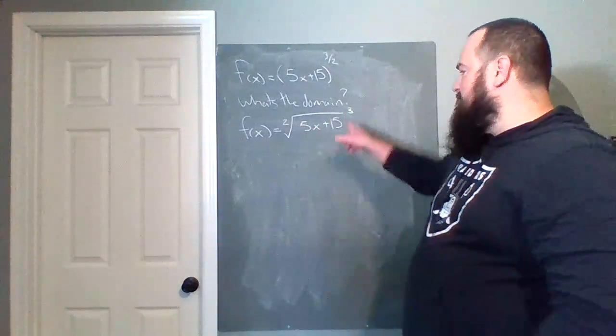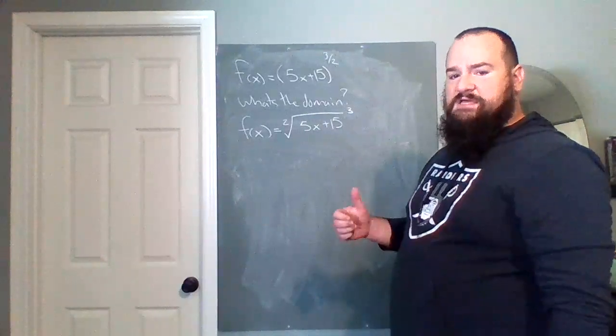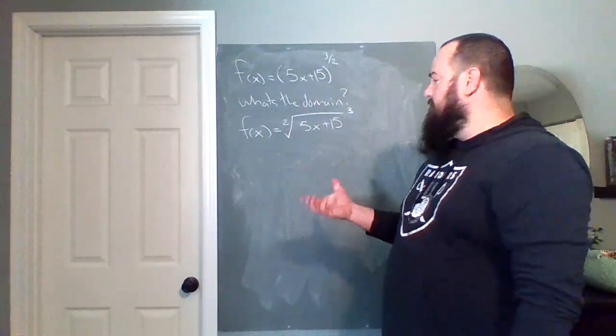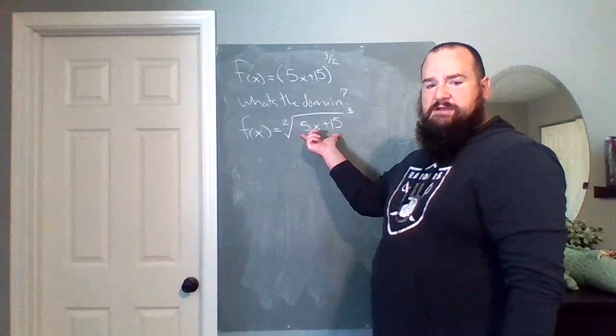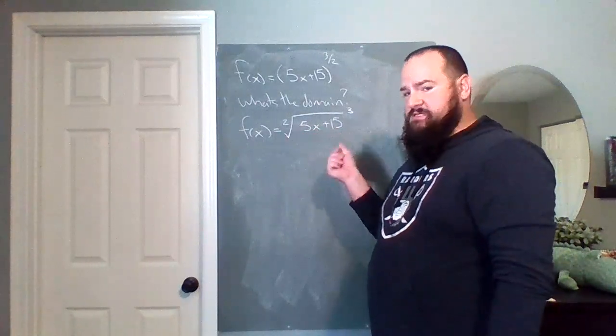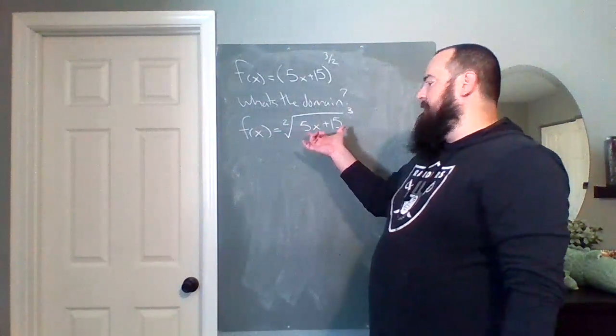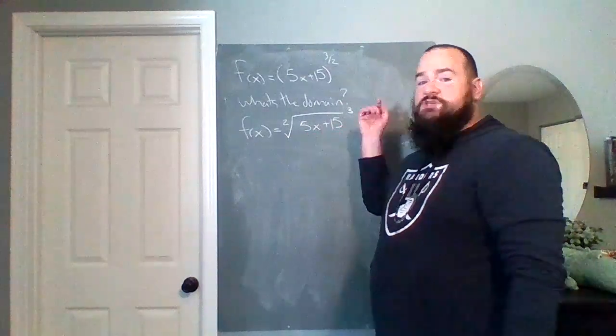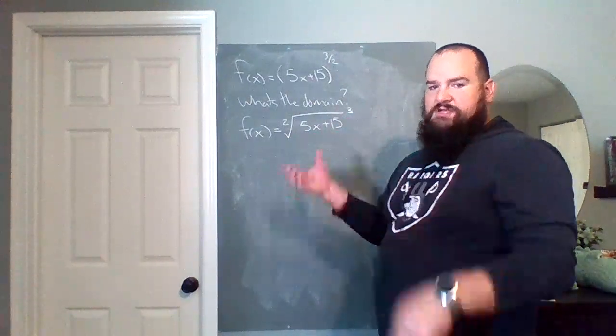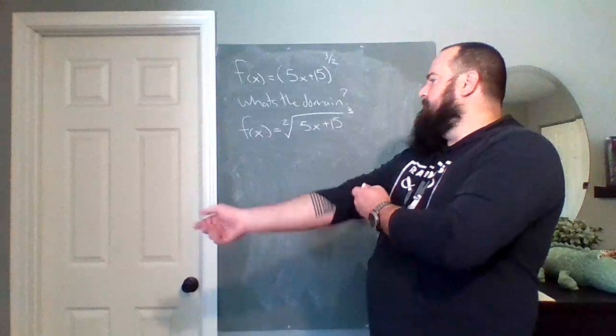Now, it doesn't matter if that cubed is inside or outside. I put it outside just because for domain, I'm only concerned with what's underneath the radical, and so I want to simplify that as much as possible, right? I don't want to try and figure out when 5x plus 15 cubed is in a range. I'd much rather deal with 5x plus 15.